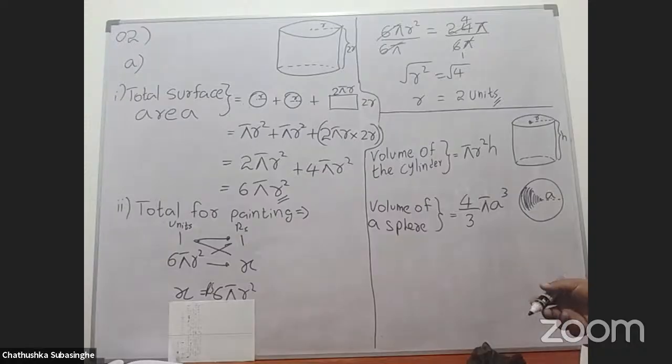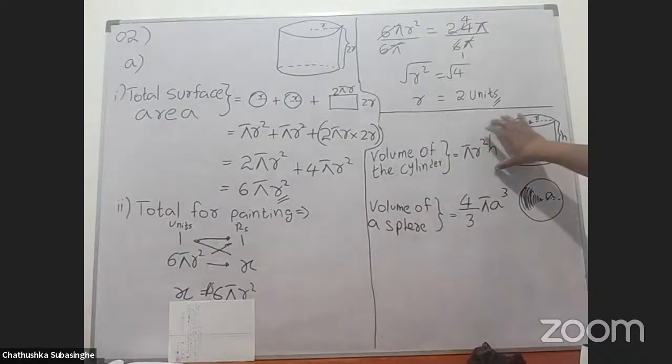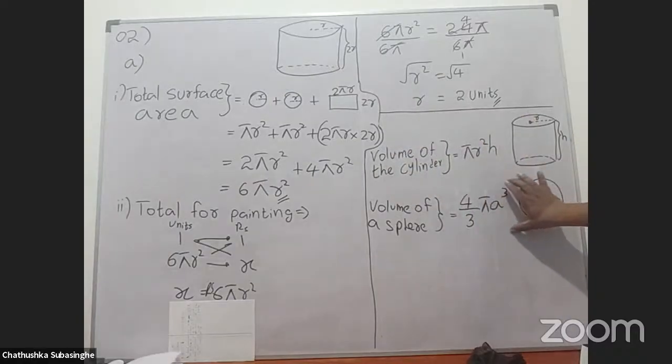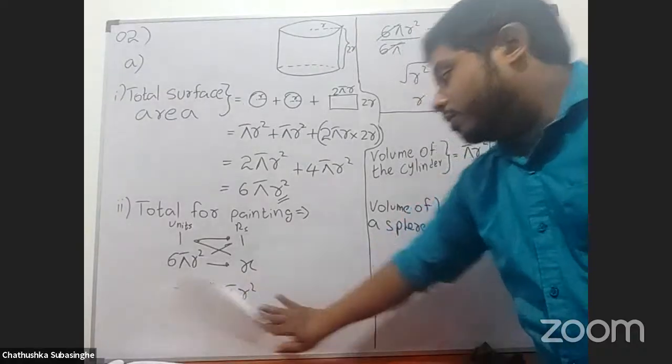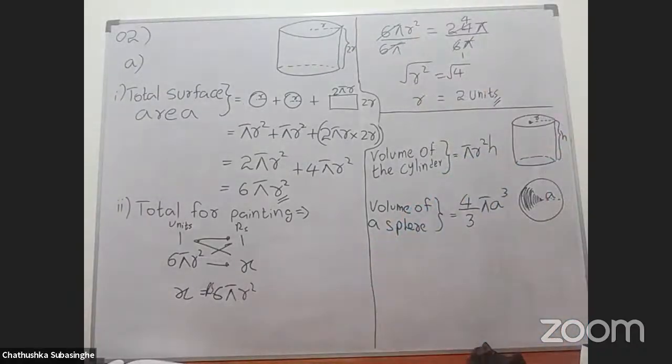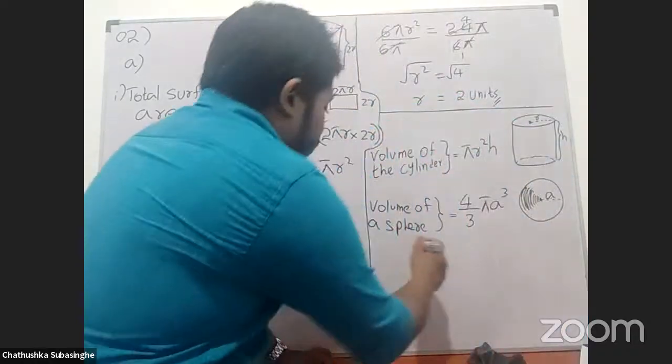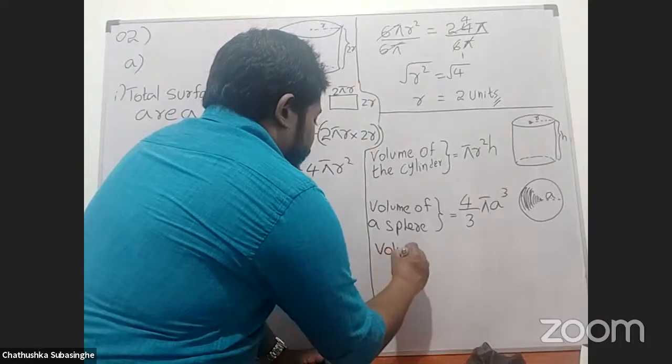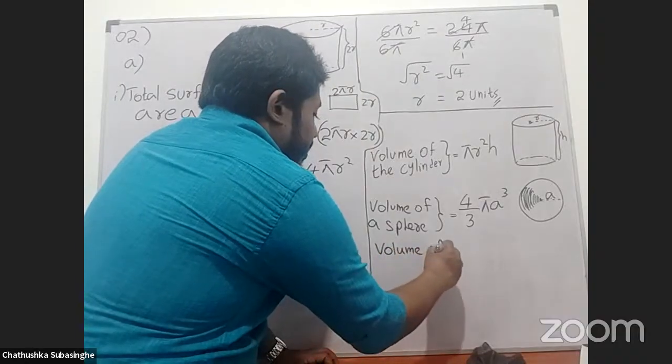Right? Now we have 12 of these. Now what I'm going to do is, this volume equals 12 of these. That's what the question says to us, right? So the volume of this, which is pi r squared h, is equal to 12 times this amount. This is the logic part.